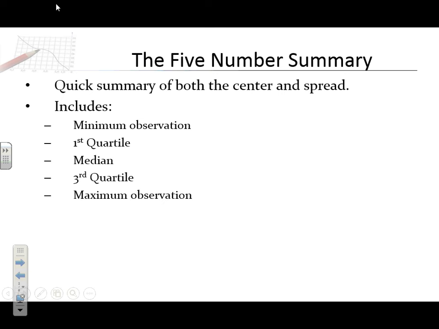So looking at this, median is the choice for center. That's why we use this summary when we have skewed distributions or outliers. It also calculates the quartiles. So if we have the quartiles, what measure of spread can we calculate? IQR. So median and IQR go hand in hand.